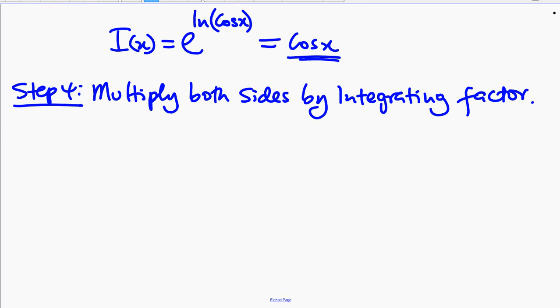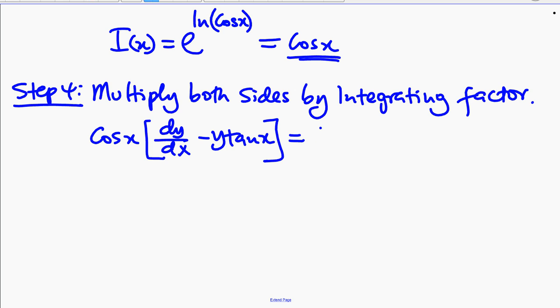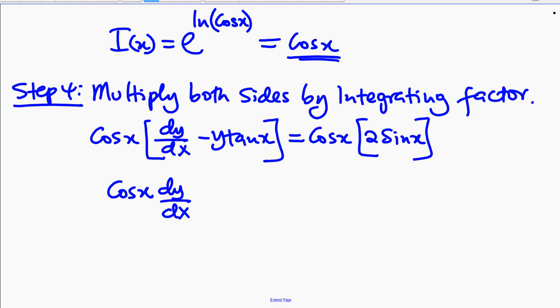So what we'll end up with is cos x into bracket dy over dx minus y tan x will be equal to cos x multiplied by 2 sin x. And we just have to simplify that. So this will give us cos x dy over dx minus y cos x tan x is equal to 2 sin x cos x.